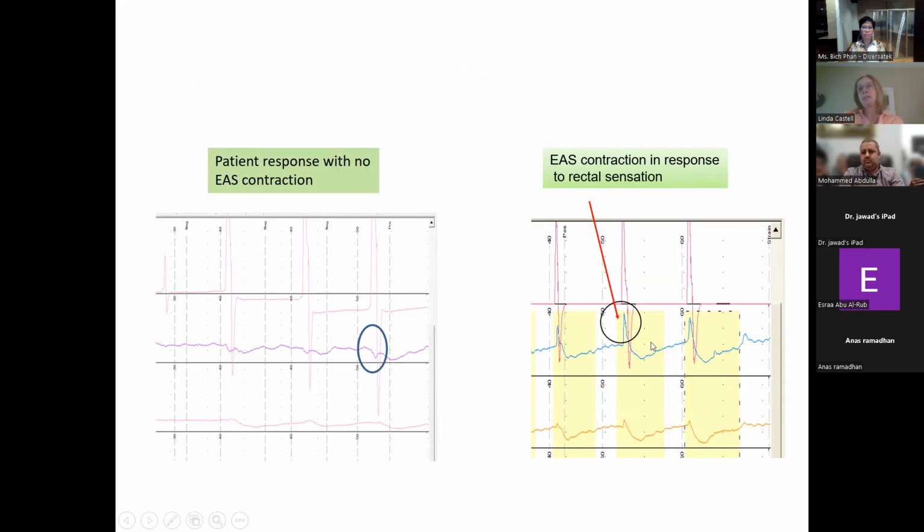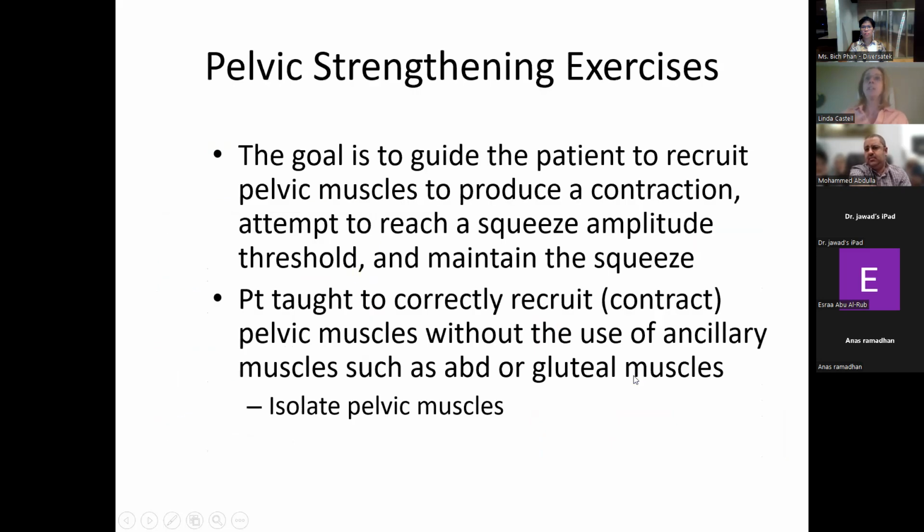And then I show them that this is what it should look like when you feel that rectal sensation. You should be squeezing your external anal sphincter and holding it for several seconds. And just so you know, this is the internal anal sphincter relaxing in response to this rectal distension. So you have to squeeze to prevent that stool from coming down. So we're going to show our patients these examples.